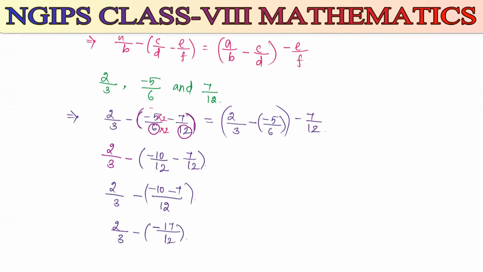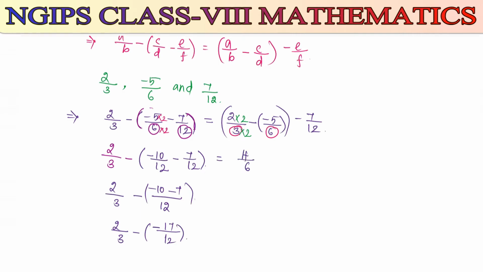Now if we simplify the right hand side, first we have to check the denominators. Here it is 3 and here it is going to be 6. The LCM of 3 and 6 is 6. So I am going to multiply the first term by 2 to get the denominator as 6. So further if you simplify this, we are going to get 2 2s are 4 minus 6.